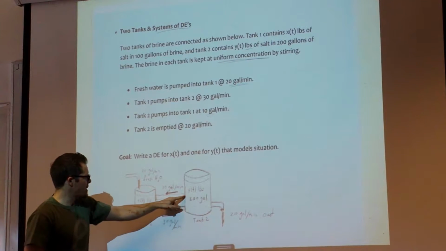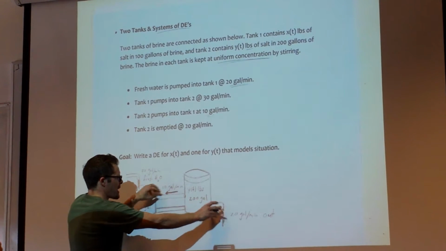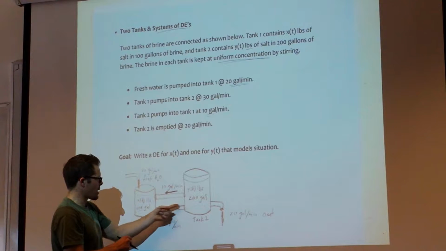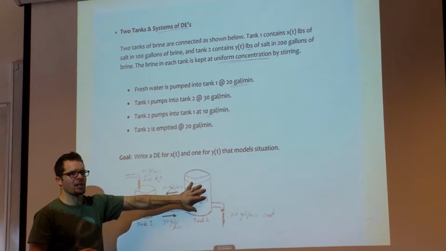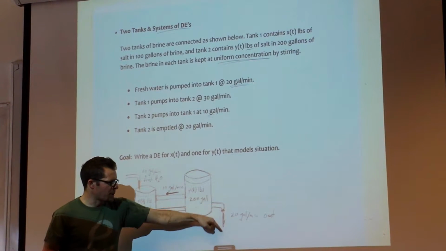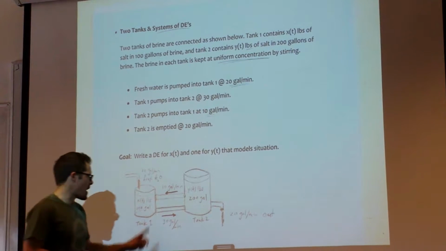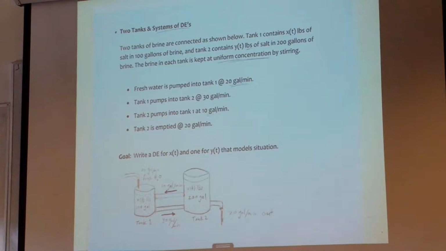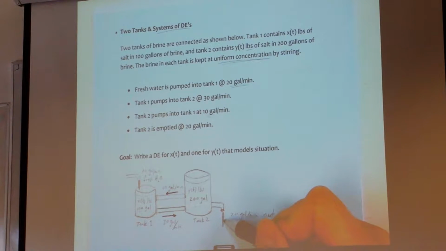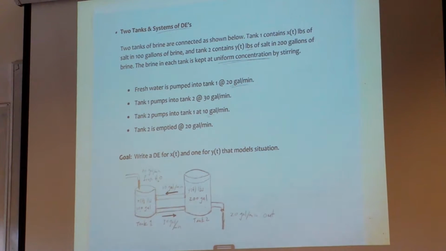Over here we got 10 gallons per minute exiting, 20 gallons per minute exiting, so 30 gallons per minute exiting, 30 coming in. So net change in volume, 0. And notice that 20 gallons a minute in, 20 gallons a minute out. So there's a lot of ins and outs to those two tanks, but overall they're not changing volume. Of course, the concentration is going to be changing, so the amount of salt in there, because we're pumping in fresh and out goes that salt. So overall it's going to be diluting. What kind of process is this? I don't know. It's a cooked up process.